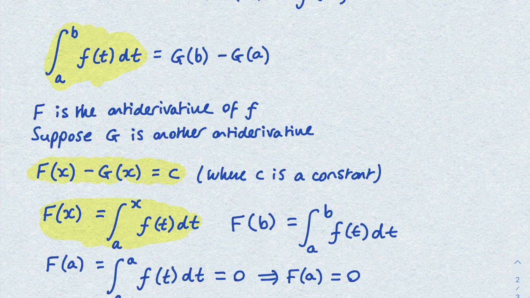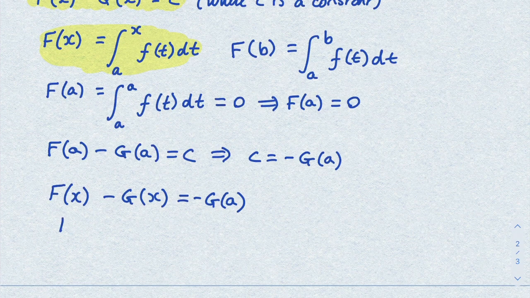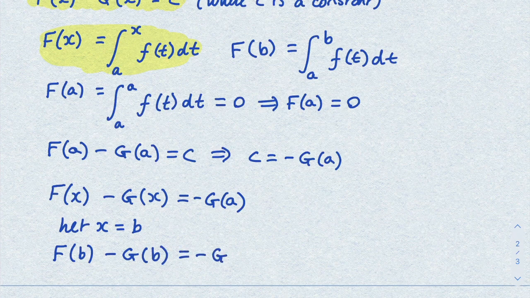That is exactly equal to the left-hand side of this equation. So if we say let x equal b, then uppercase F of b minus G of b equals negative G of a.